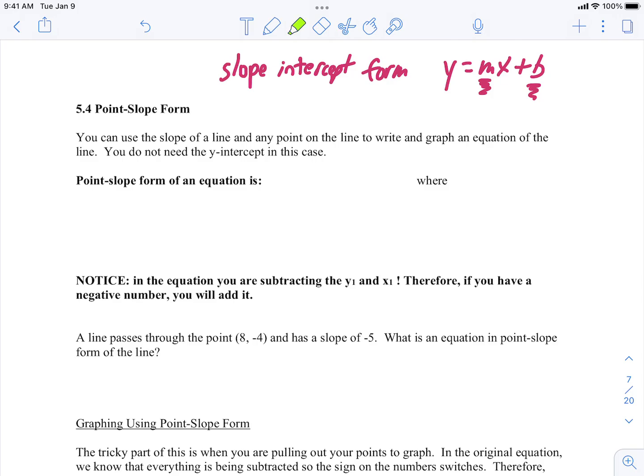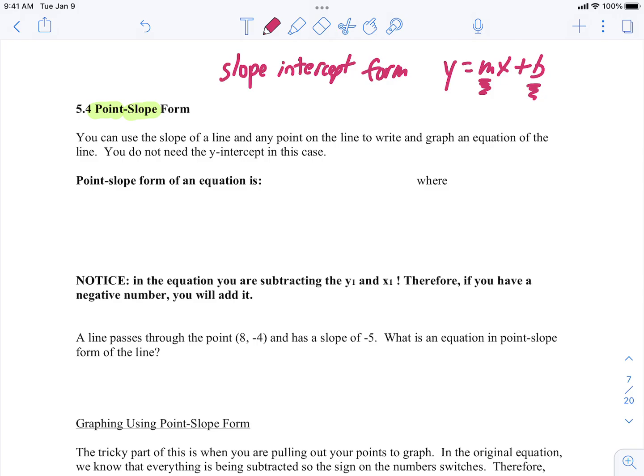Point-slope form, as you can tell from the name, is useful when they give us a point, an ordered pair, an x and a y, and the slope. So notice there's not a y-intercept here necessarily, but there is a point, and then we'll still have our m.